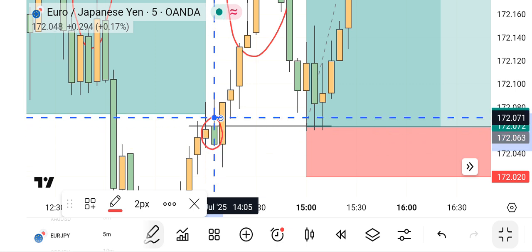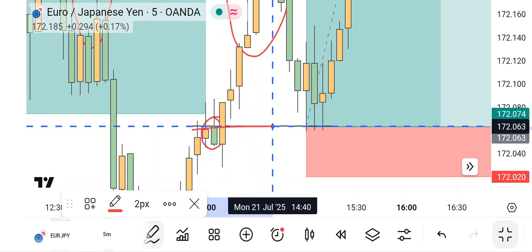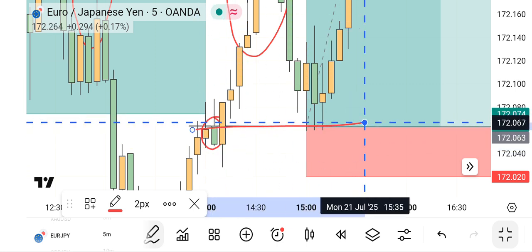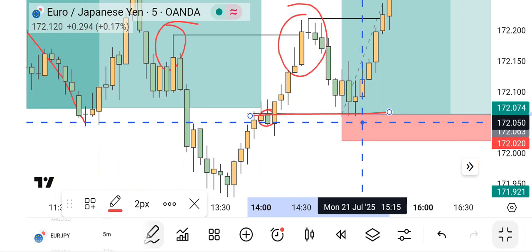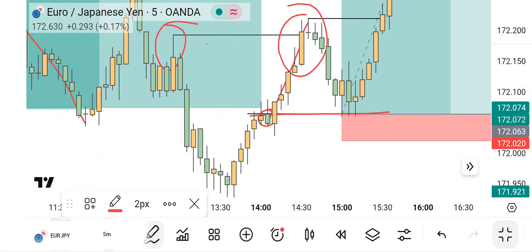Then I placed my line here, expecting the price to come back after the break of structure, which is this.